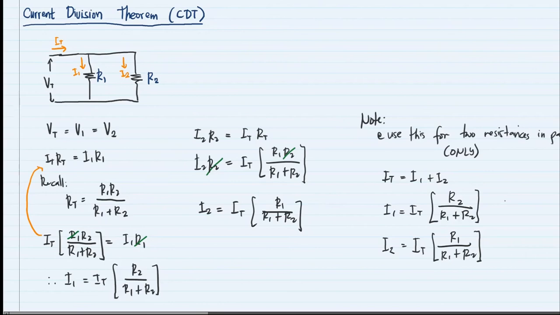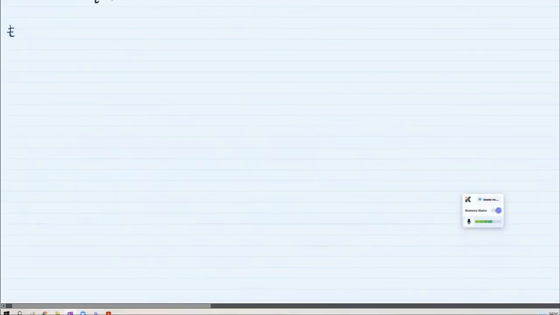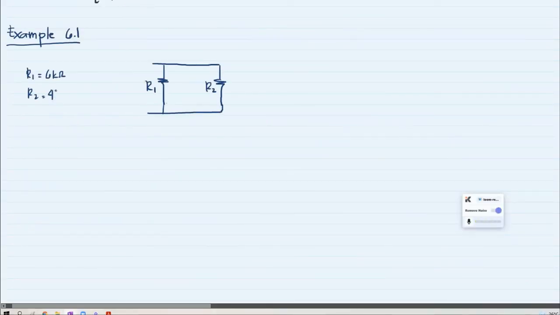Now, we can look into an example so that we can try solving for parallel circuits using the properties already discussed, as well as an example using the CDT. For example 6.1, you have two resistances in parallel.